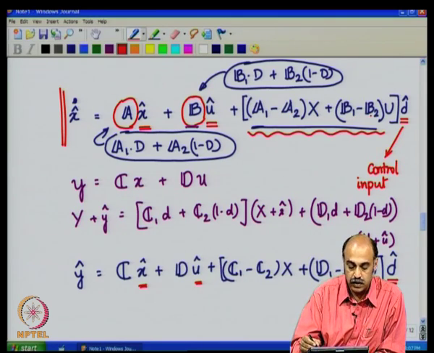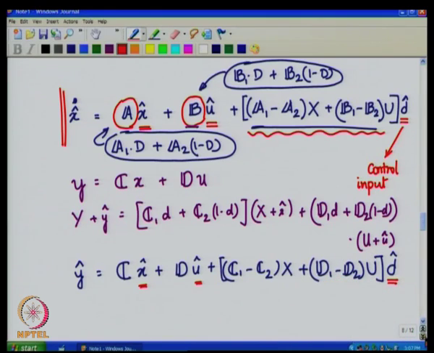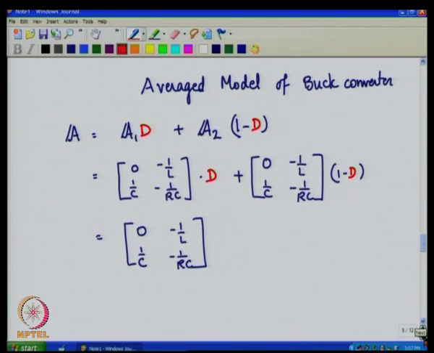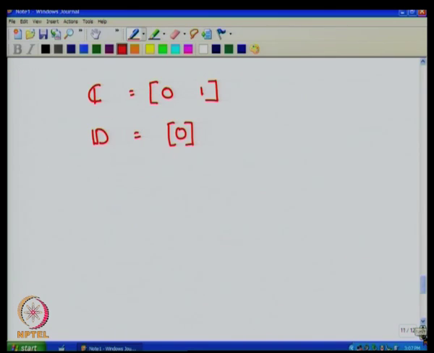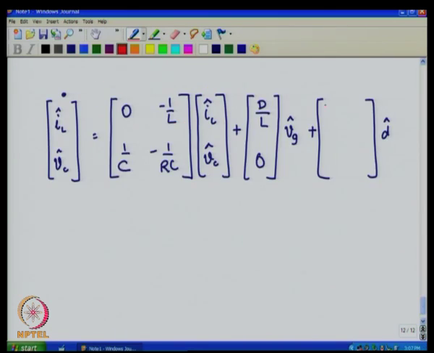B1 minus B naught is, as can be seen, D by L into V_G and 0 here. So, this is d hat.